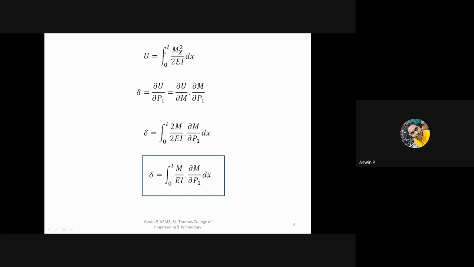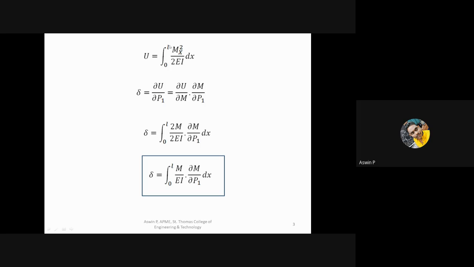After that, we need the equation for strain energy. We have already derived the equation for strain energy: U equals integral from 0 to L of M squared by 2EI dx. This is our basic equation. After that, we need to find the Castigliano equation in terms of an integral. For that, we use the partial derivative, dou U by dou M into dou M by dou P1.